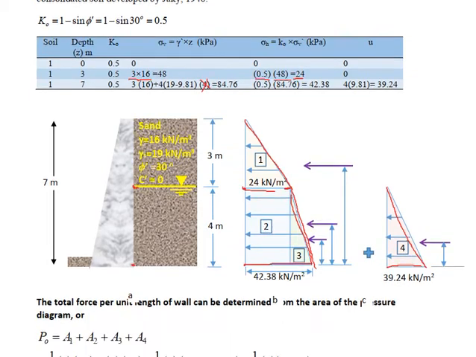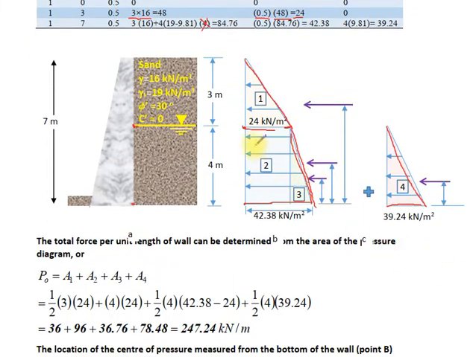To compute the resultant, we have to divide this area into a triangle here, a rectangle and a triangle, and then compute the area of each one.